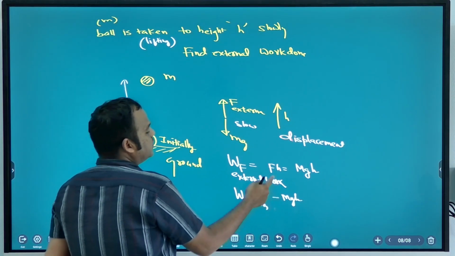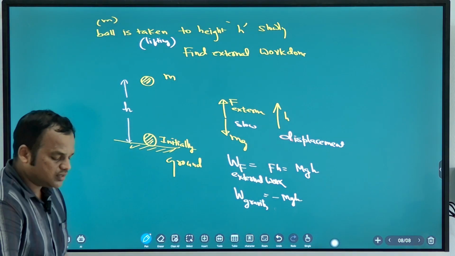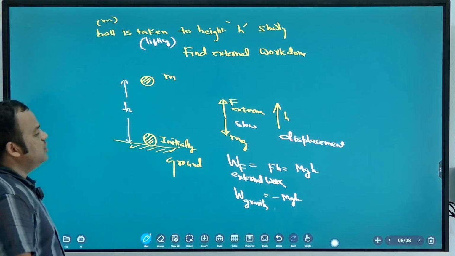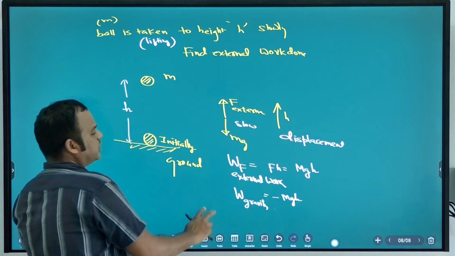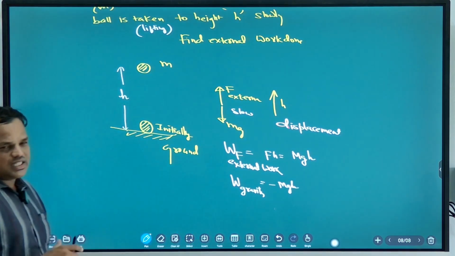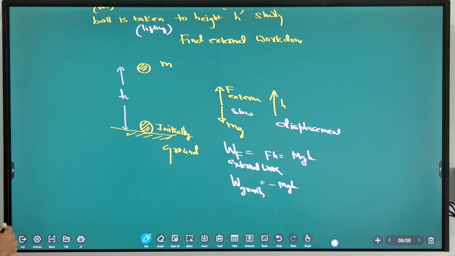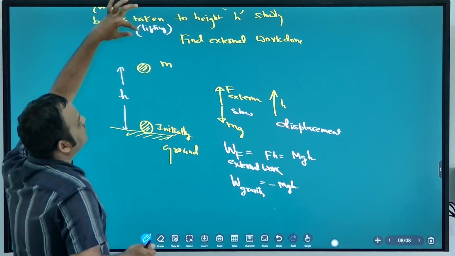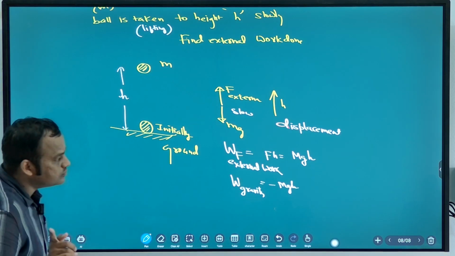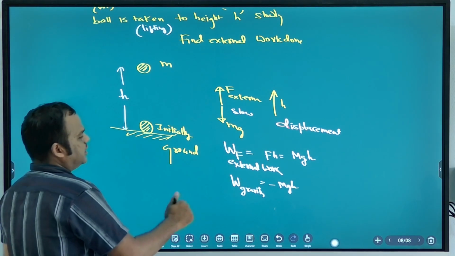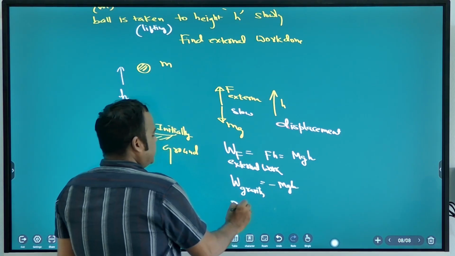Like this chair, I am lifting this chair, so gravity is doing negative work. I am doing positive work. So does potential energy increase or decrease when you lift something? Increases, correct. So potential energy increases.